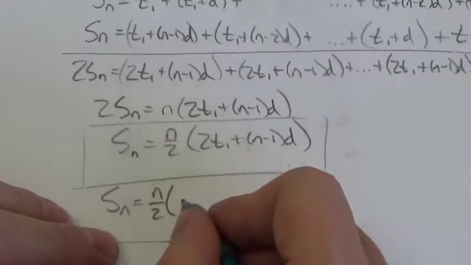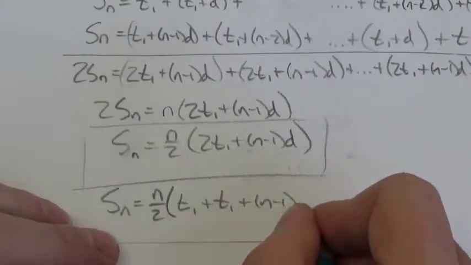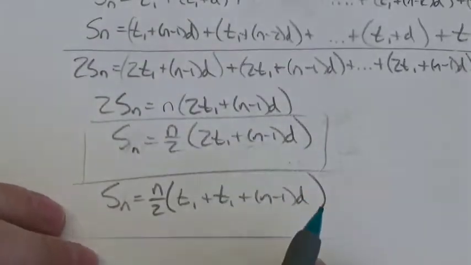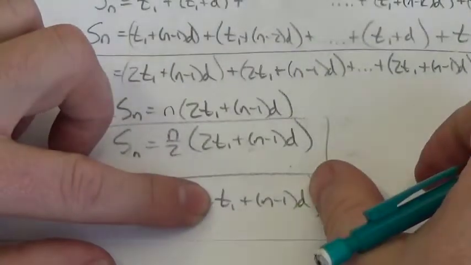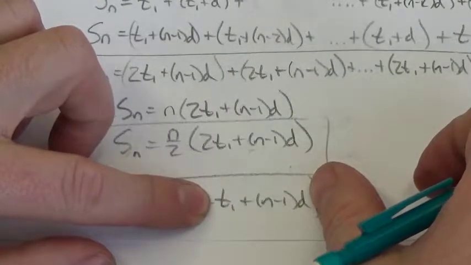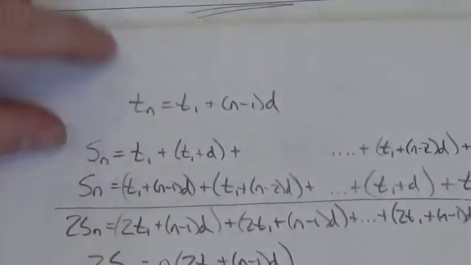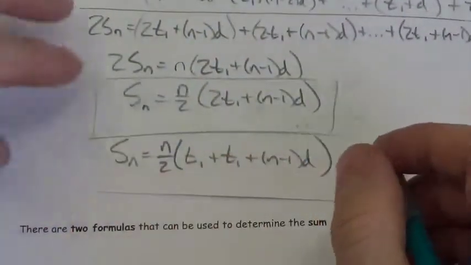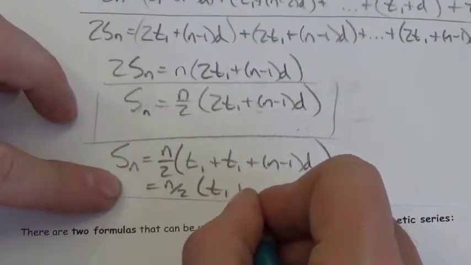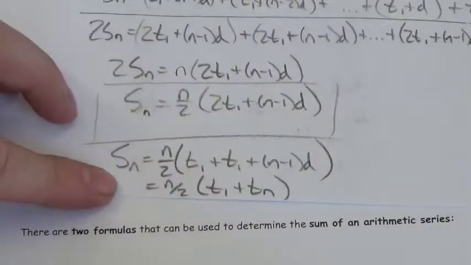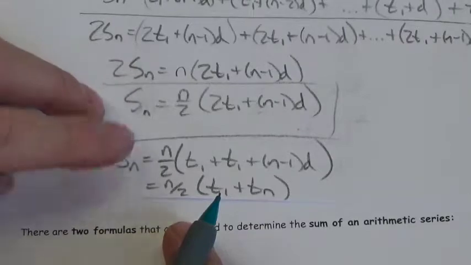If I take that 2t1 and just write that as t1 plus n minus 1 d, and I haven't really done anything, but notice that when I split that up here, t1 plus n minus 1 d, that is tn. So another way of writing this formula would be to write that this is n over 2 times t1 plus tn.